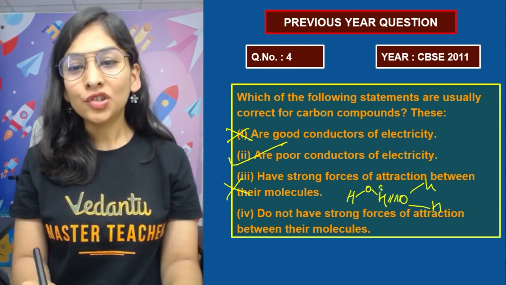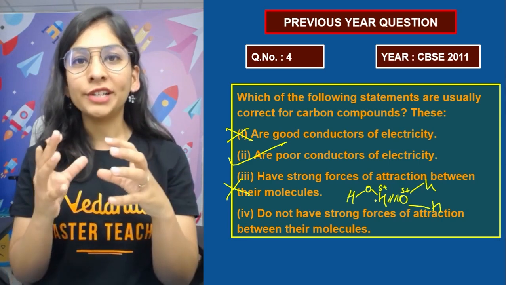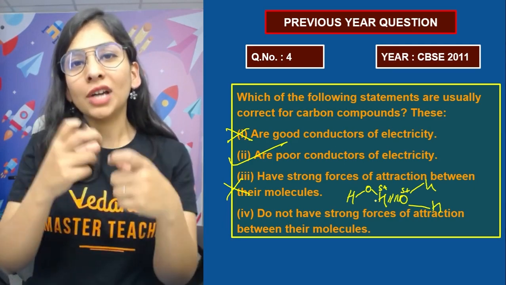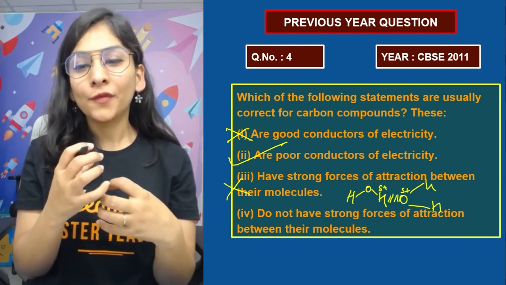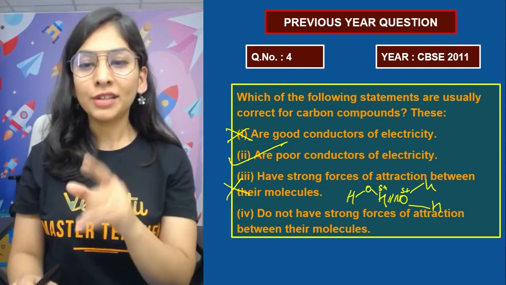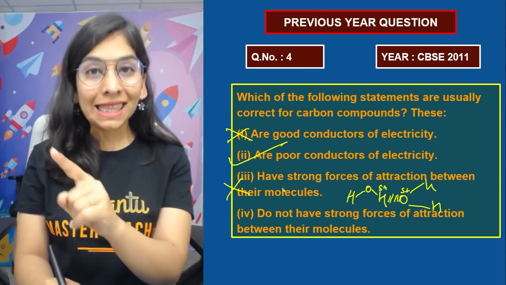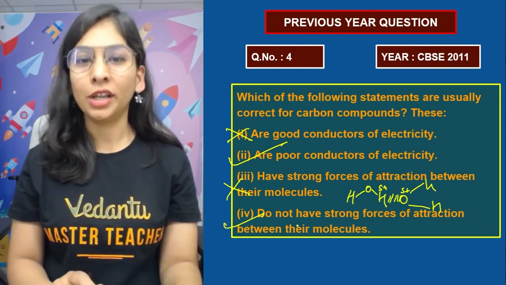It means some charge separation is there and they'll try to attract each other. Dipole-dipole. Particles having a bit of charge separation can have a slight attraction when molecules come close together. So that's weak, which means the answer will not be the third but the fourth statement, that they don't have a strong force of attraction between their molecules.